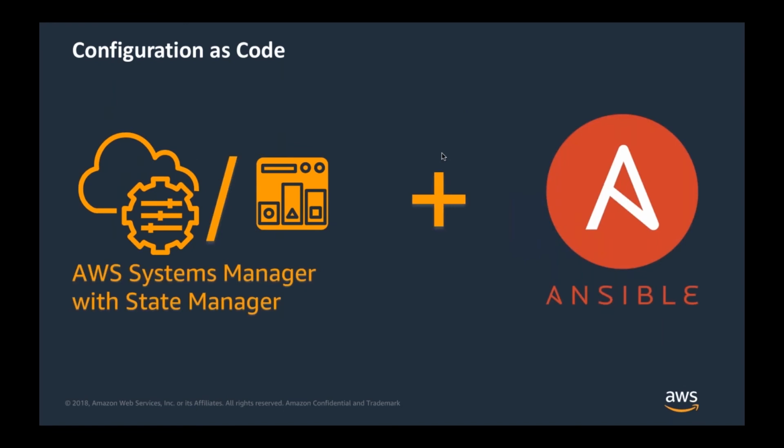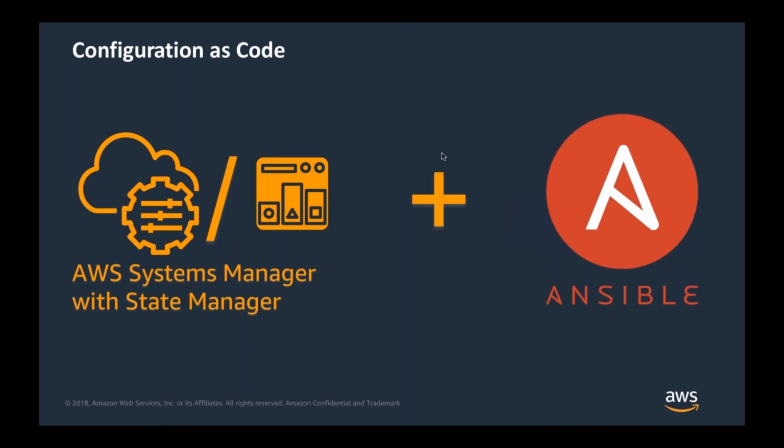Now, what I'm going to show today, when it comes to configuration management, is the use of AWS Systems Manager with State Manager plus Ansible. AWS Systems Manager is a tool that helps people who use AWS with a lot of operational tasks, including configuration management, which is not necessarily operations.